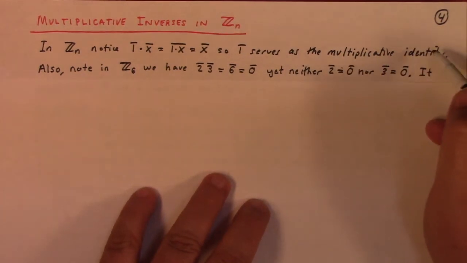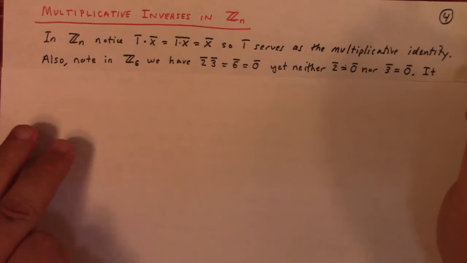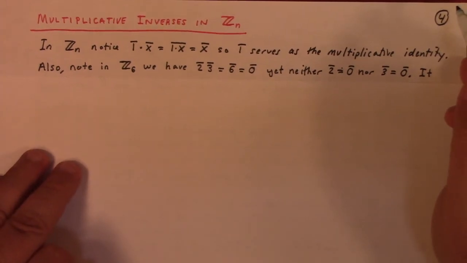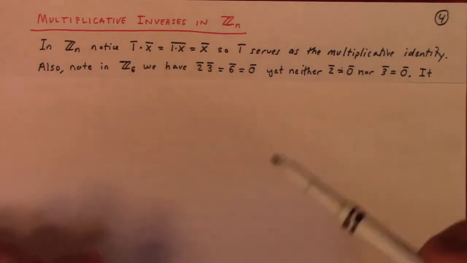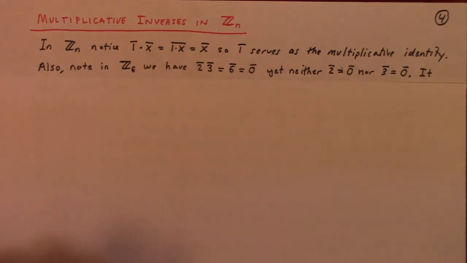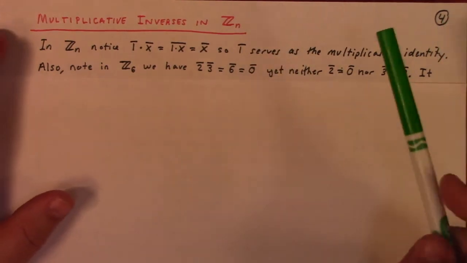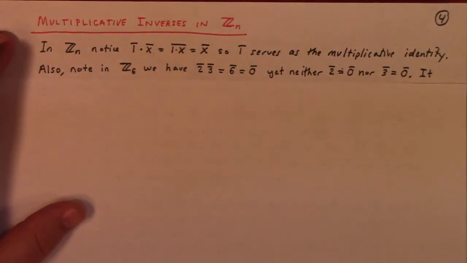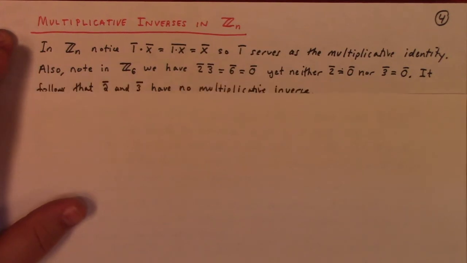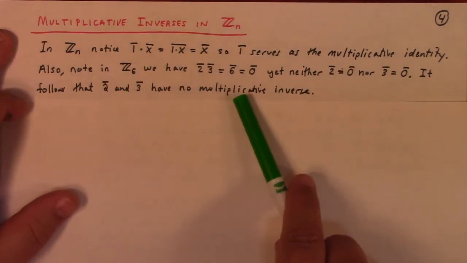These are both false. Another way to say that would be 2 bar is not equal to 0 and 3 bar is not equal to 0. And yet, 2 times 3 is equal to 0. So this makes 2 and 3 bar in Z6 what are called zero divisors. And it follows that 2 bar and 3 bar cannot have a multiplicative inverse.